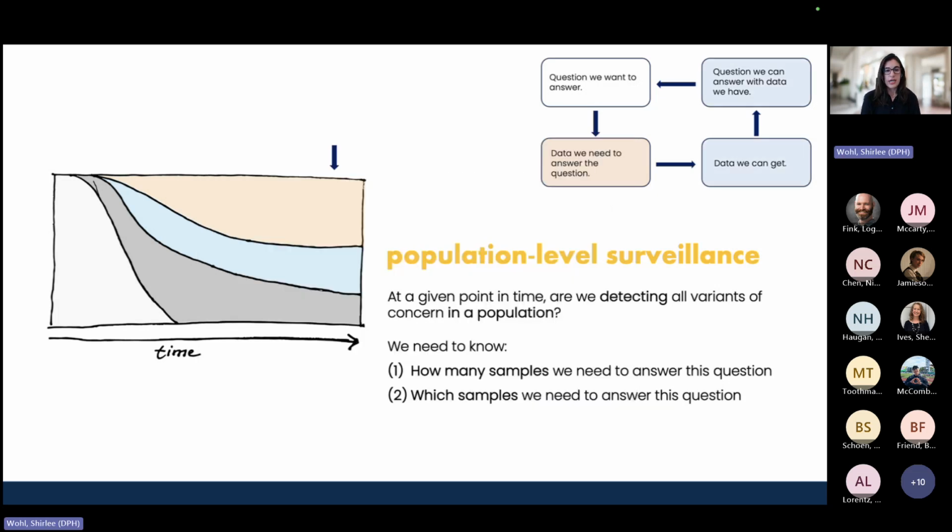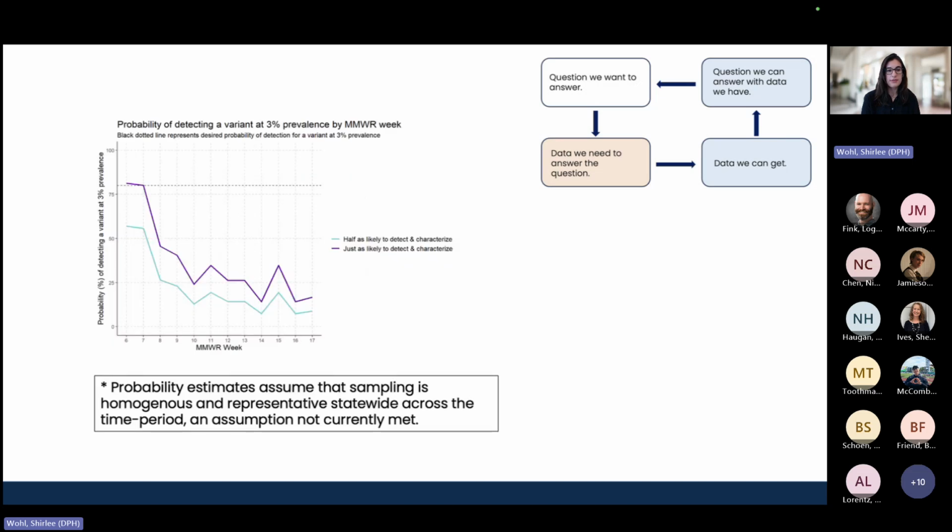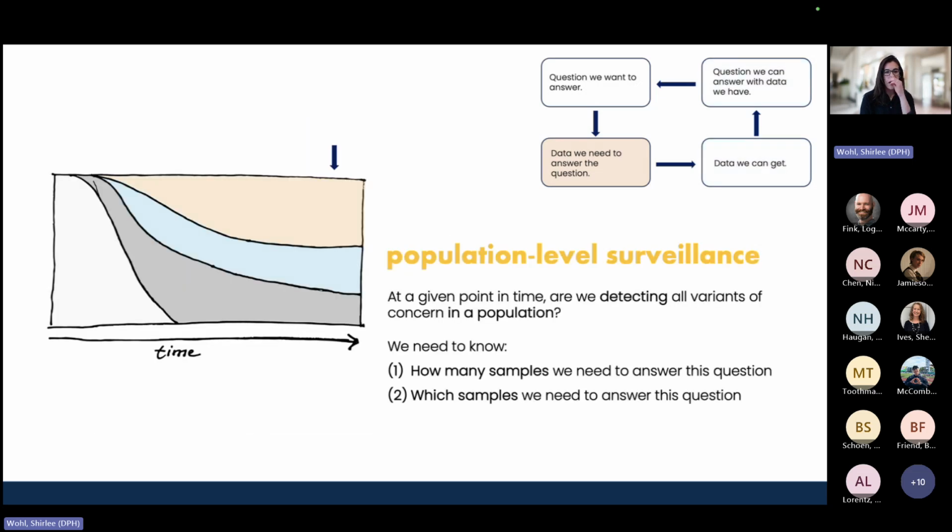I'll just mention very briefly that I was talking specifically about the detection question, but there is a similar and related question of prevalence.